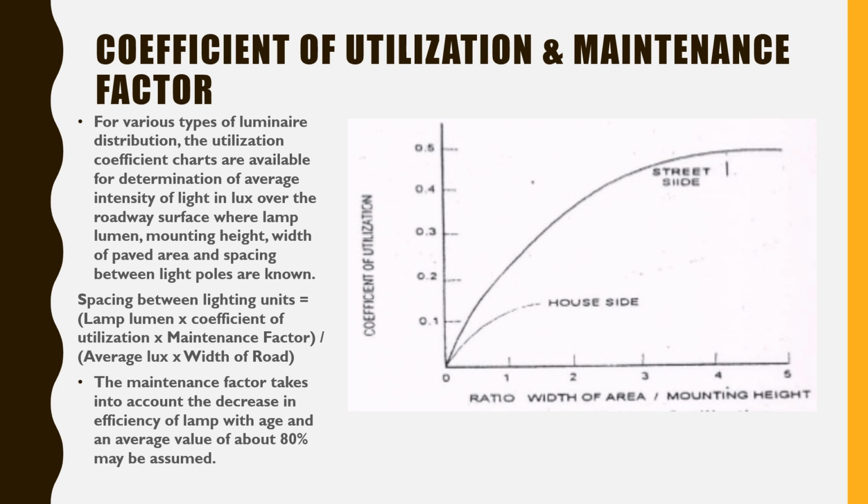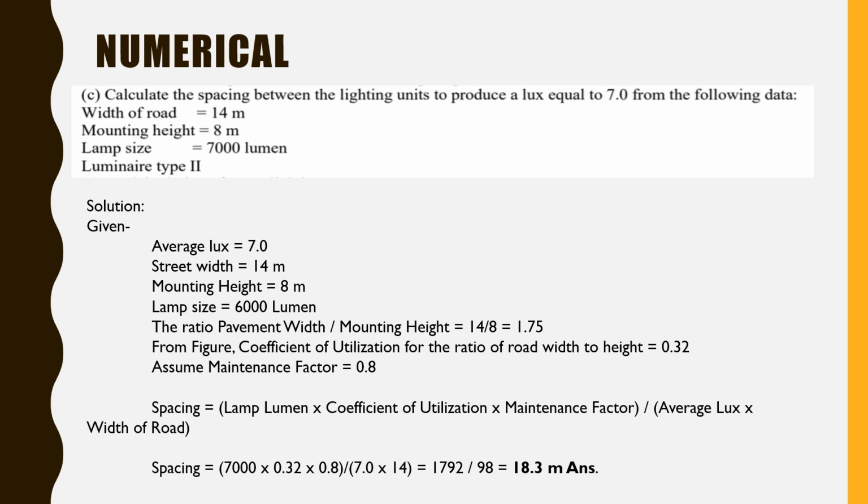We also saw what the coefficient of utilization is, how it is found from a graph, and the maintenance factor. And we also solved one numerical. All the best. Please submit the assignments. I hope you have understood highway lighting, which is unit 4 of your traffic engineering.